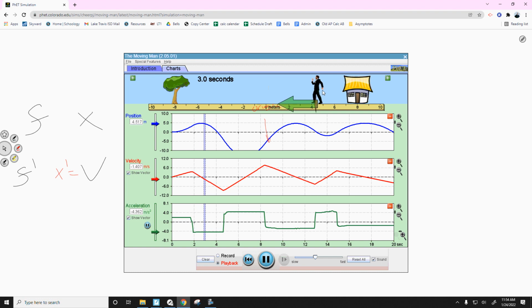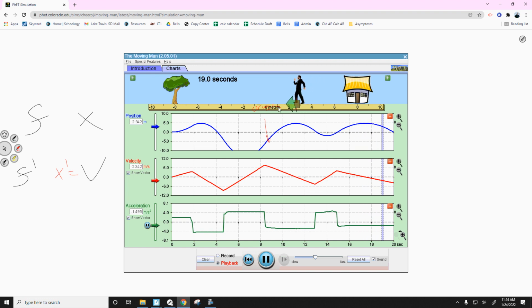I had slowed down, stopped, and now I'm speeding up. My acceleration is positive. But now I'm slowing down, I've stopped. My acceleration is negative. The green arrow is the acceleration. Now I'm speeding up. Slowing down, stop, speeding up, slowing down, stop.